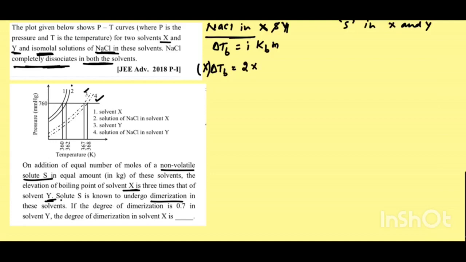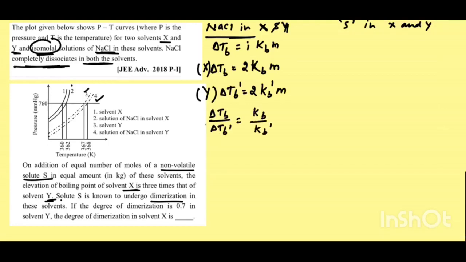Because the solvents are different, the value of Kb would be different. So in solvent X I keep Kb, and in solvent Y, delta Tb dash is equal to 2 Kb dash m. The i value is the same, and m is also the same because it is an isomolal solution. Now I will divide these two equations: delta Tb upon delta Tb dash is equal to Kb upon Kb dash.